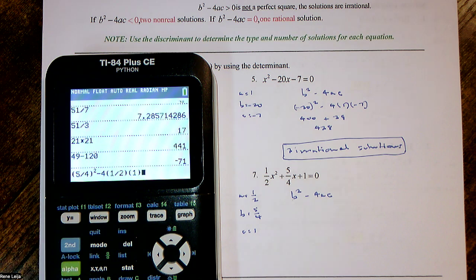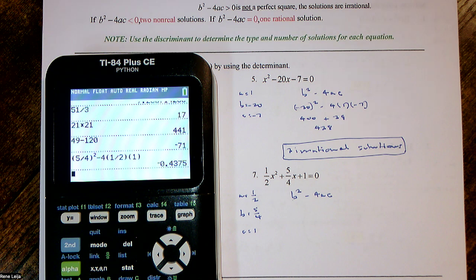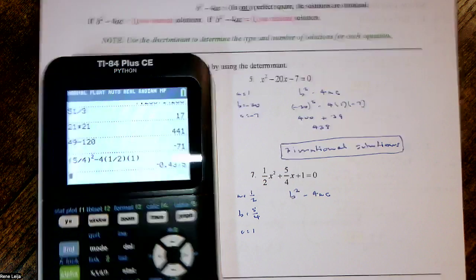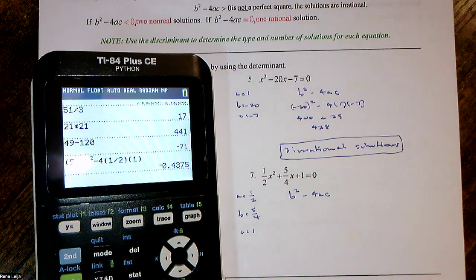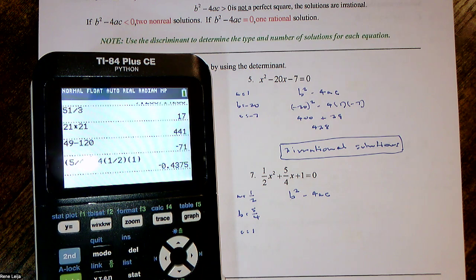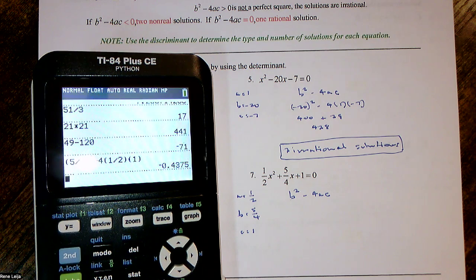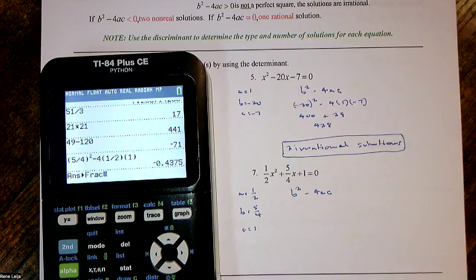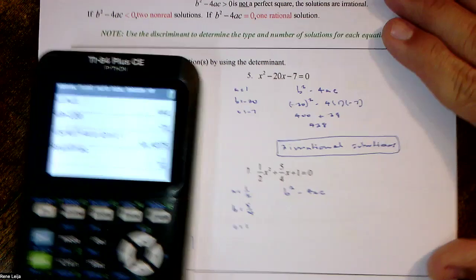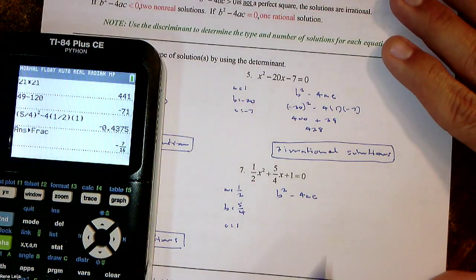So B squared minus 4AC, it's negative. Okay, well, that's it. And then we're going to turn that into a fraction.